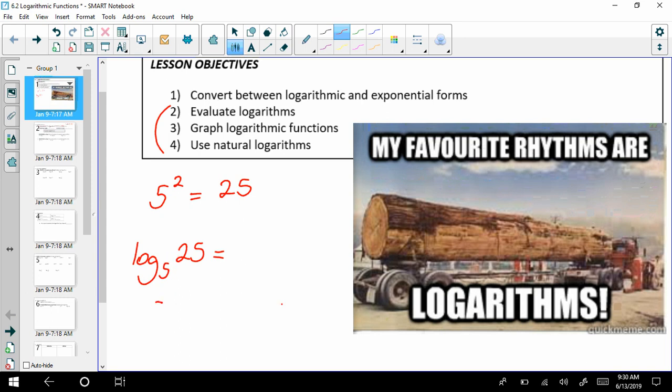It's asking 5 to what power is 25? So the answer would be 2. So whenever you answer a logarithm, your answer is an exponent. You're going backwards. You're telling me what was the exponent used to do that. So it's the exact opposite of an exponential setup.